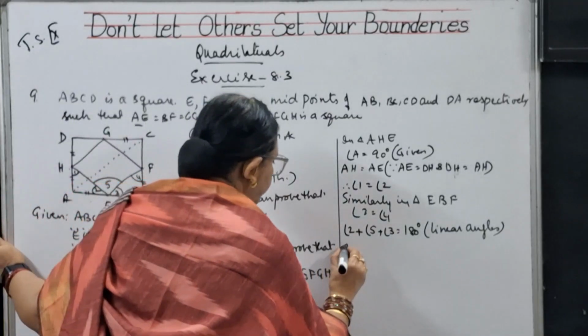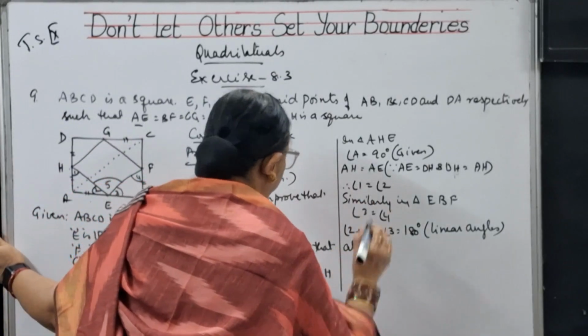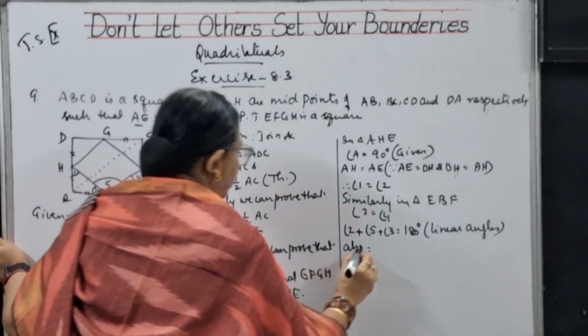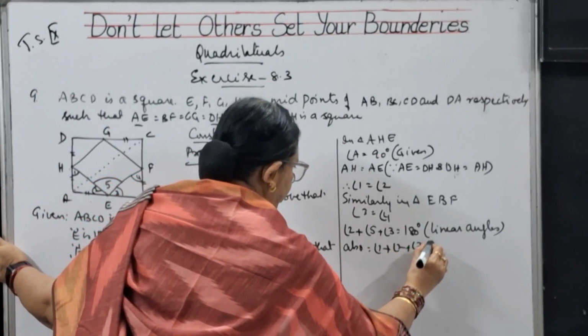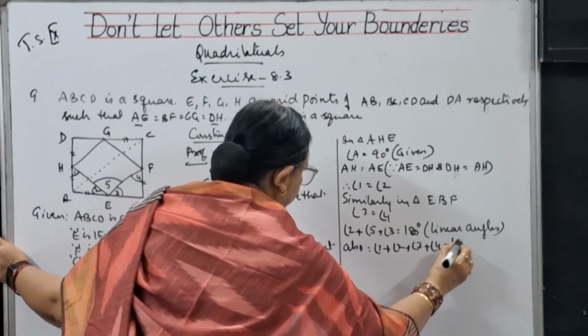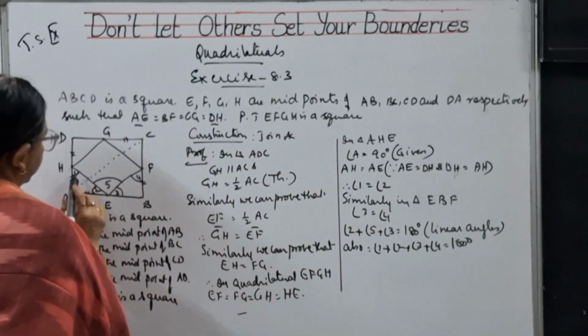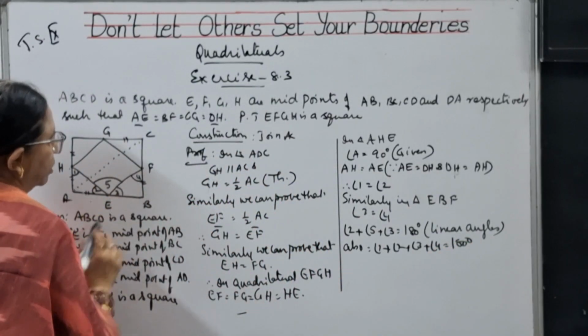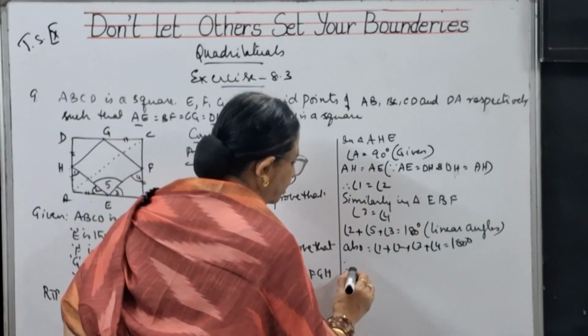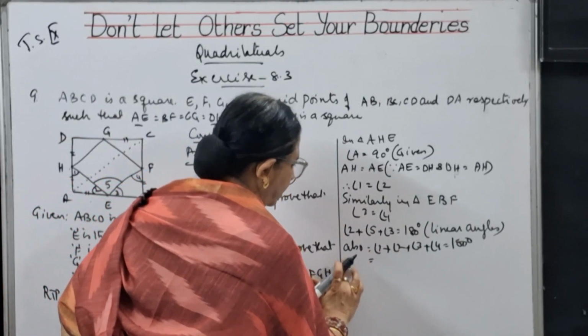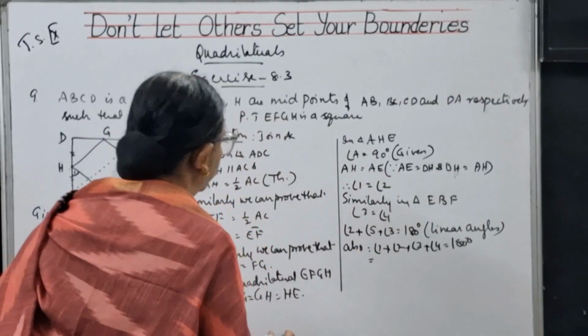Also, what you can say, angle 1 plus angle 2 plus angle 3 plus angle 4 also is equal to 180 degrees, because these two and these two sum is also 180 degrees. That means we can say that this can also be written as angle 1 is equal to angle 2.